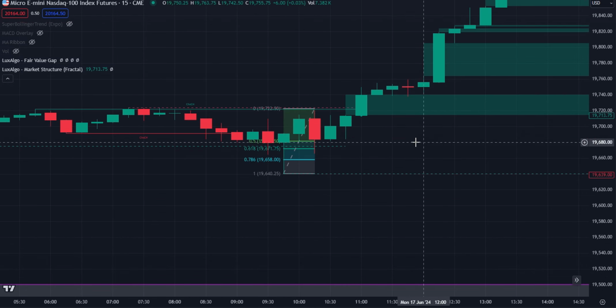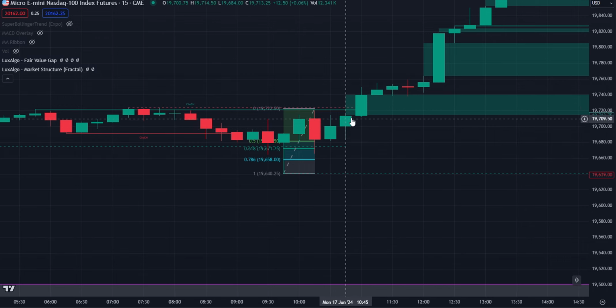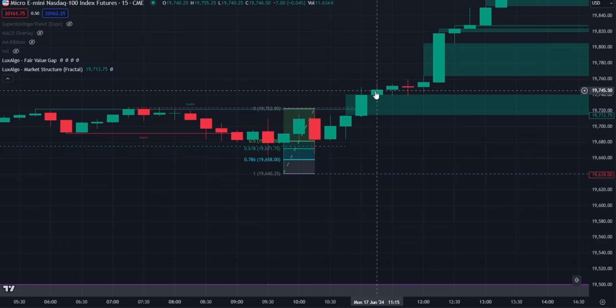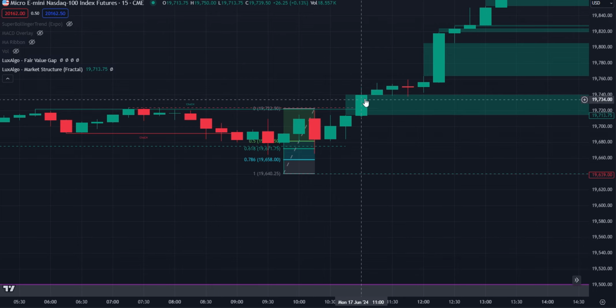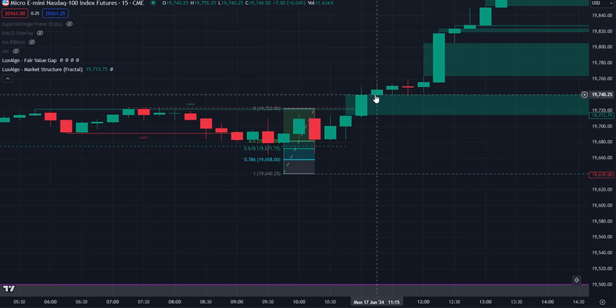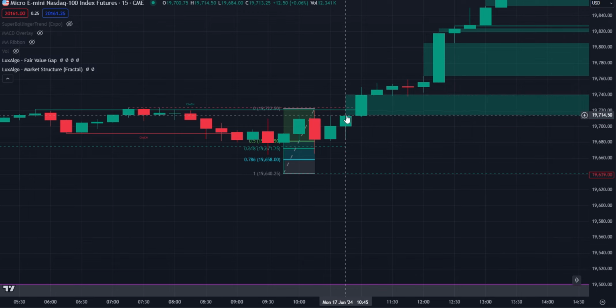a fair value gap is just, this green box is a bullish fair value gap. That's because we had 3 bullish candles in a row, with the one in the middle being the largest body, and the wick of the top candle doesn't go below the body here of the middle candle, and the wick of the bottom candle doesn't go above the body here.